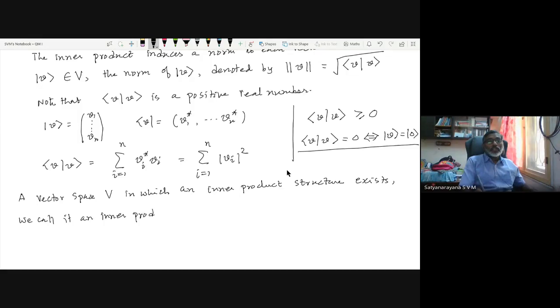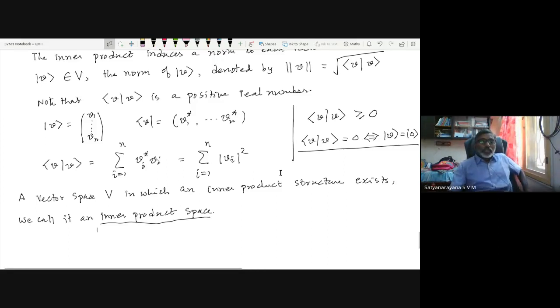So when we say I have an inner product space, that means I can define an inner product. That means the vector space is there, then I can define a dual of the vector space. Then I take one element from the vector space and one element from the dual, and then I can define a scalar. So if we can do all this, then we say that we have a better structure, or more structure, on the vector space. It's called the inner product space.